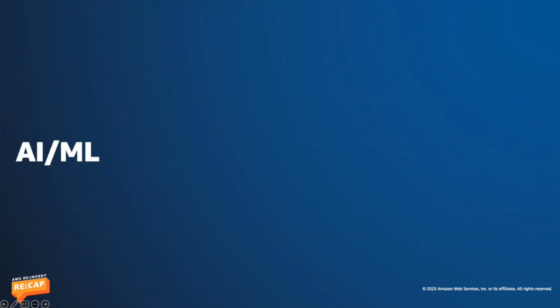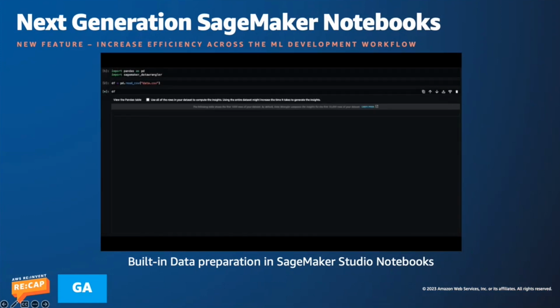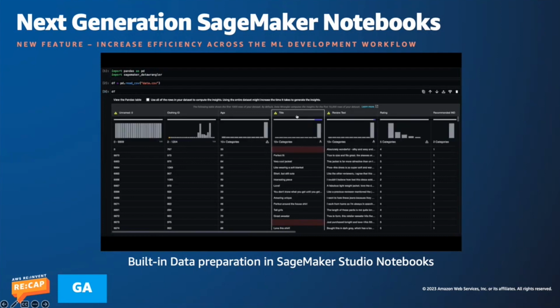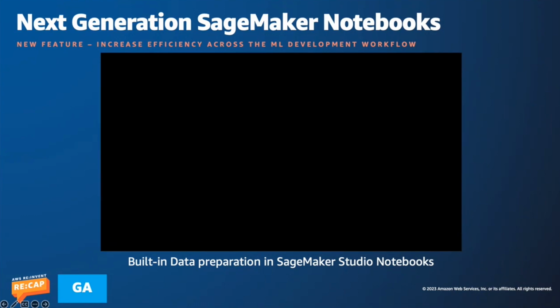Now, moving forward, I wanted to call out some of the key functionalities, updates, and new features we also introduced for the AI/ML stack, right? One of the key functionalities is the new built-in data preparation capability, which uses Amazon SageMaker Data Wrangler and is available within SageMaker Studio notebooks.